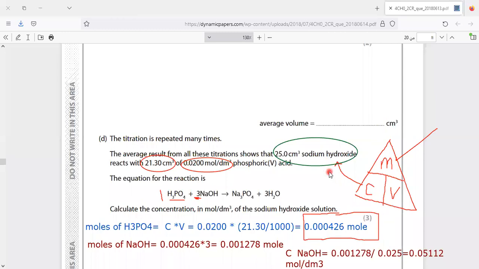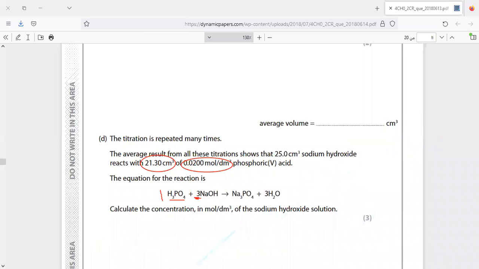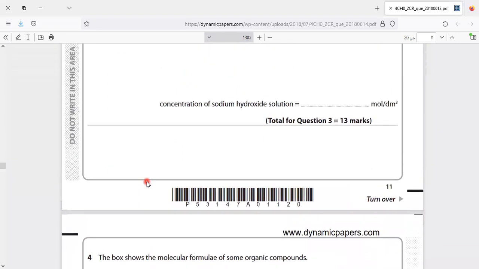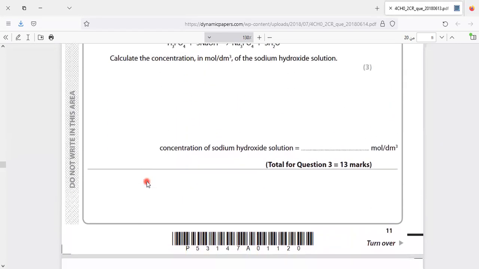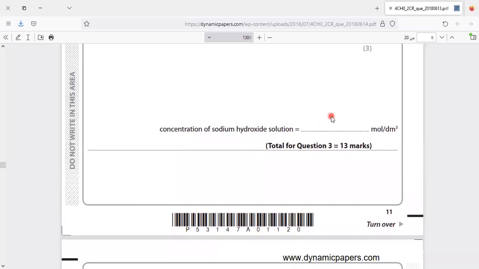No. Attention here, you have phosphoric acid. You have full information about phosphoric acid, so you must use this information, okay? So you have to write the final answer.